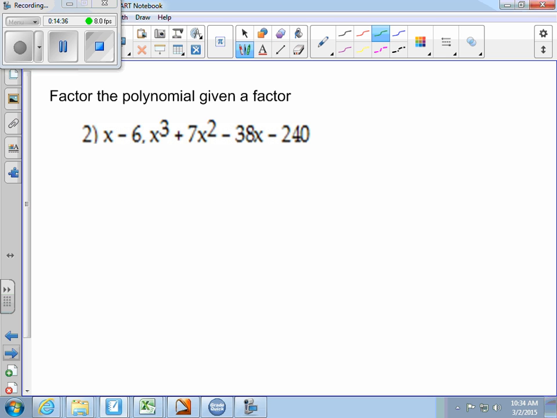It is 240. So it says factor the polynomial given a factor x minus 6. I just do what we've been doing. So we're going to divide x minus 6 out.